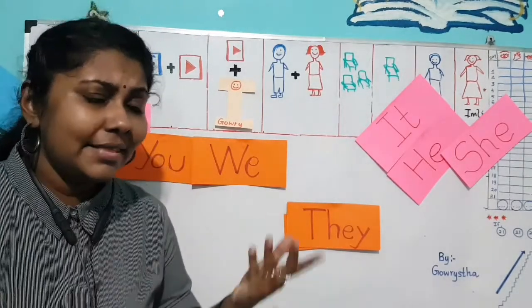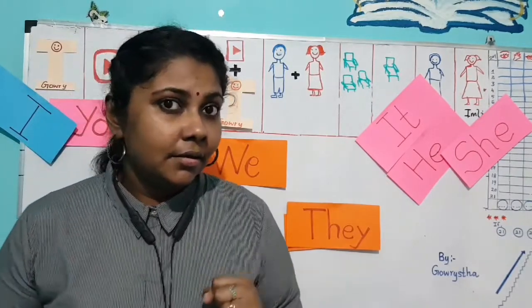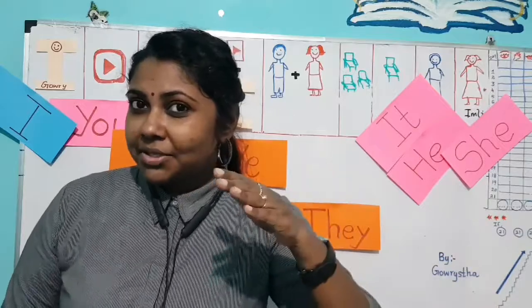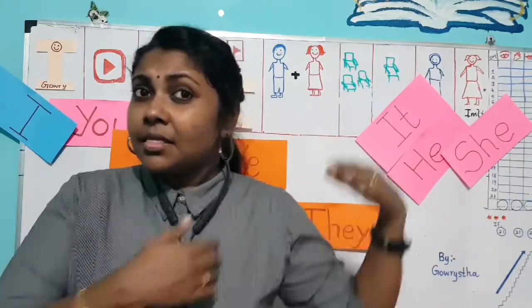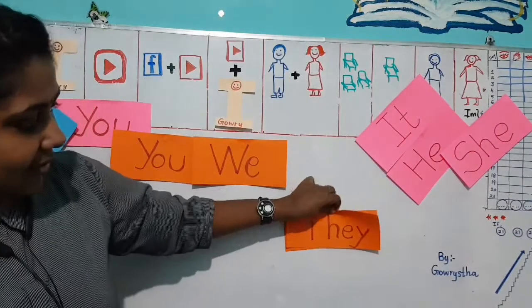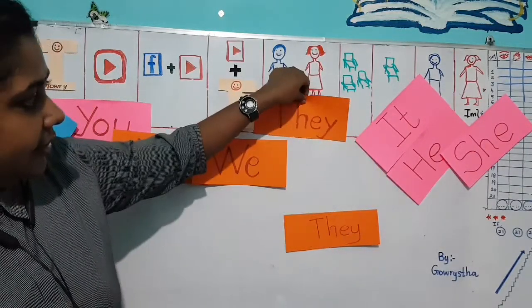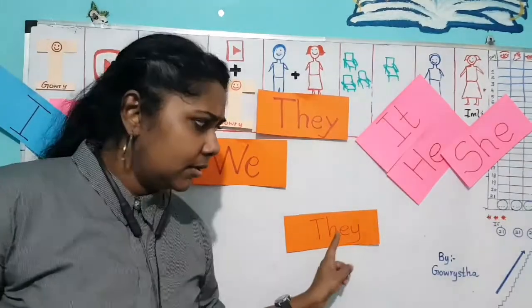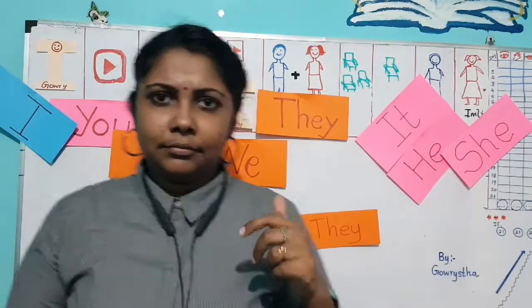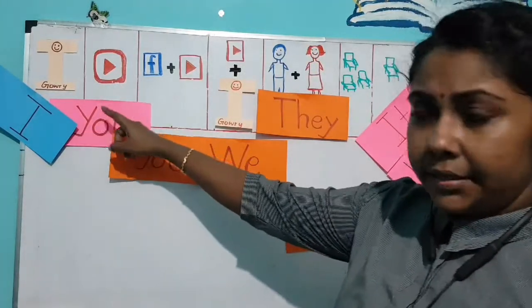They. Good. Raj and Imli. They. Okay. They. Which one? Okay.